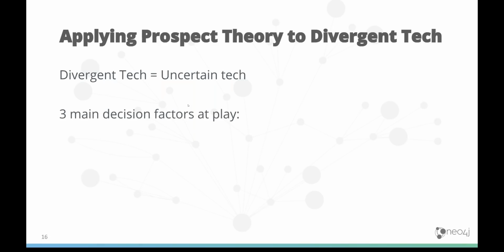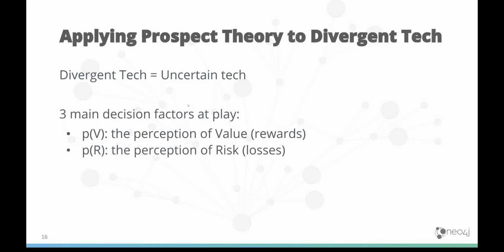First, you're going to try to understand the value, the rewards, of the project that you're evaluating. It's not just the absolute value, it's the perception of value. That's most important. Secondly, you're going to be looking at the other side of the equation, which is the perception of risk, the losses. Plus the costs. The third factor is the costs, the losses as well.